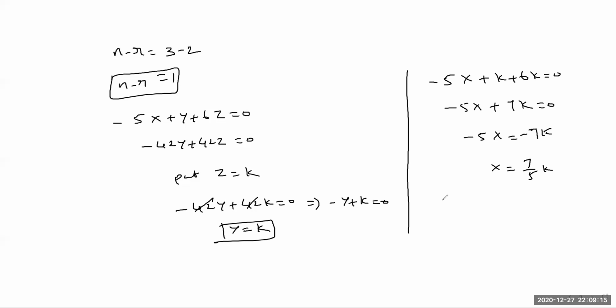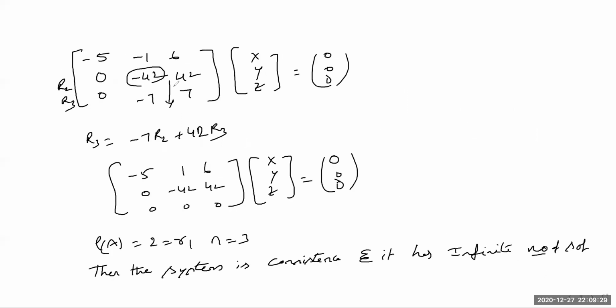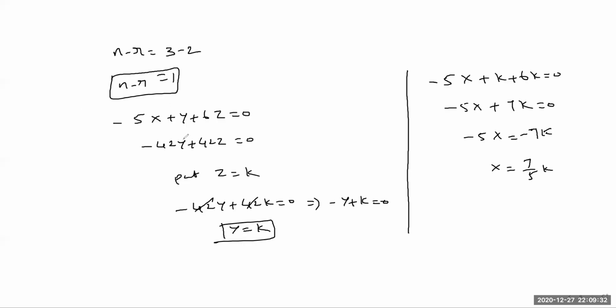I think this is minus 1, right? This is minus y, so we get minus k here, and 5k. Finally, x, y, z equal to k, k, k.